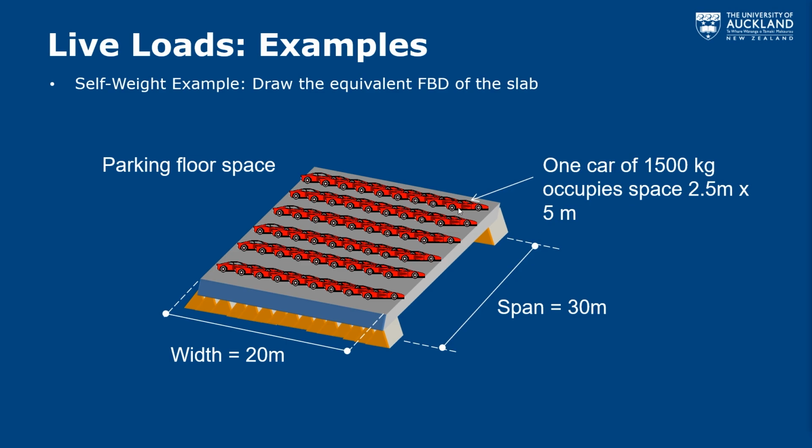And then we're just going to assume that everything is uniformly distributed along there. So we want to draw a free body diagram. Again, our slab is spanning this way. Think about, how can we reduce this down to a 2D system? And effectively, we want to take this 20 meter width, bring it down to a line load, and then go to a UDL. So with that, we'll come back to our document camera.